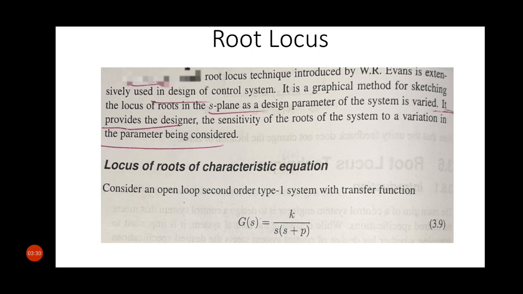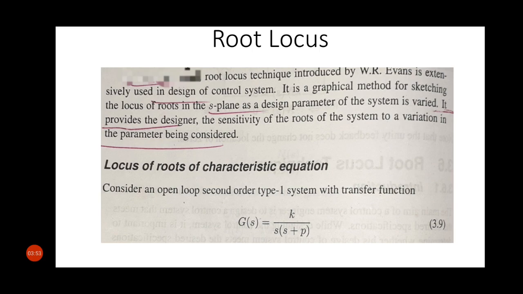Therefore, it is worthwhile to determine how the roots of the characteristic equation of a given system migrate on the s-plane as one of the design parameters is adjusted. The locus of this migration is known as root locus.